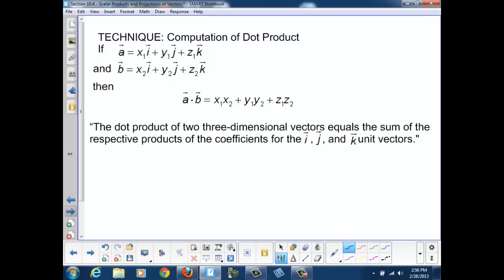It's really a very simple calculation. If I have the three components for each vector, I simply multiply the x's, and multiply the y's, and multiply the z's, and then add them together to get the dot product. Straightforward.